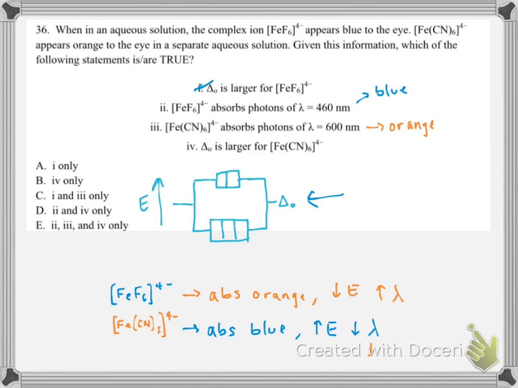And so we said that the FeF6 is actually absorbing orange, so that one's false. And 3, where it says FeCN6 4- absorbs, we said it absorbs blue, and here it says orange, so that one's false. And then 4 is saying that the delta is larger for FeCN6 4-, and that's true with what we said, because it's absorbing the higher energy photon. So the answer here is just B.